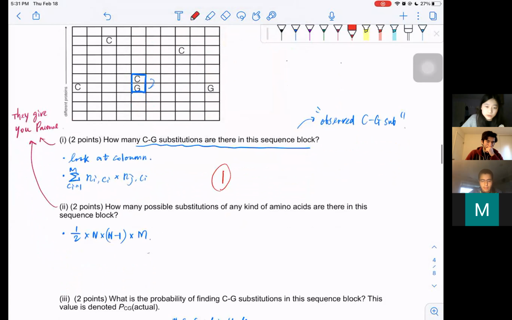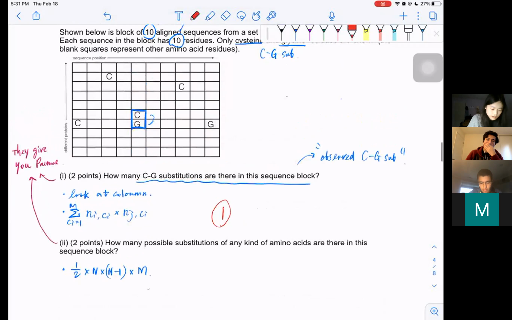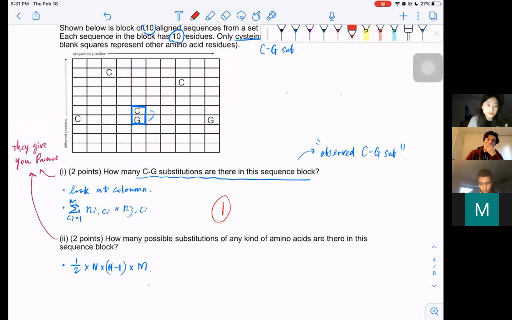So question 2 is asking for how many possible substitutions of any amino acid there are in this sequence block. Still we're looking at columns. There are 10 positions in each of the columns. Each position can be substituted by 9 of the others.